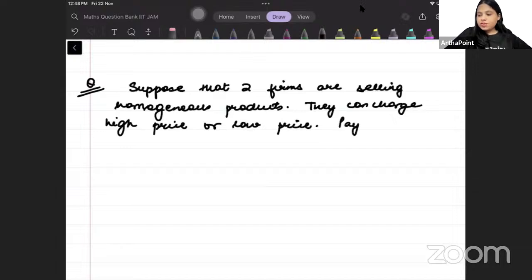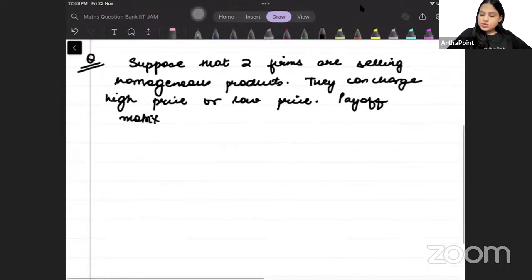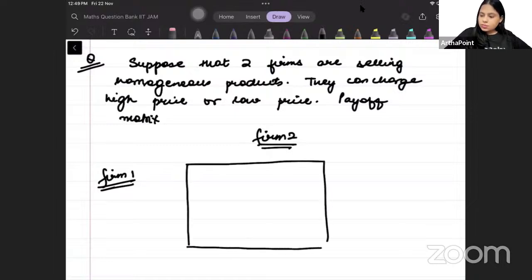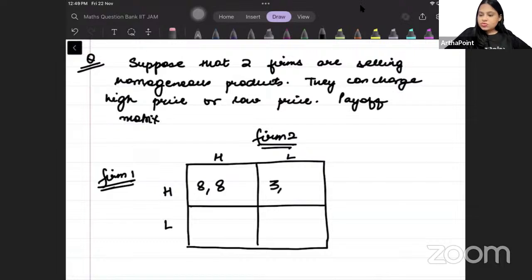You're given the payoff matrix of the firms, firm 1, firm 2. High, low, high, low. 8, 8, 3, 0, 10, 10, 3, 5, 5.